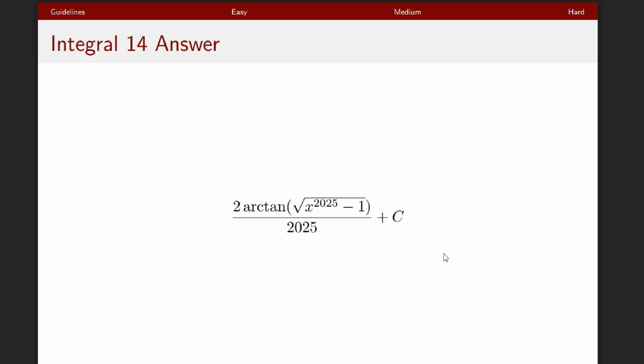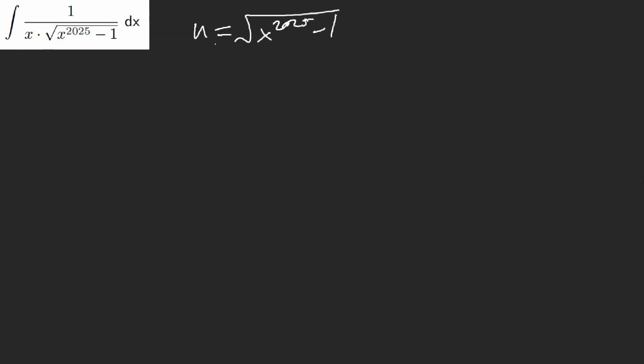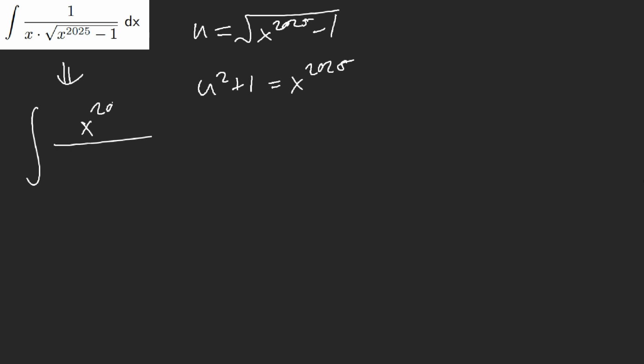Okay, that comes from force subbing, letting u equal this whole thing, and then you get u squared plus 1 of x to the power of 2025, right? Then here, this is x to the power of 2024. So you multiply x to the power of 2024 top and bottom, and you get what?